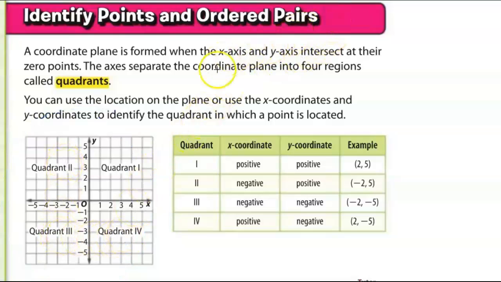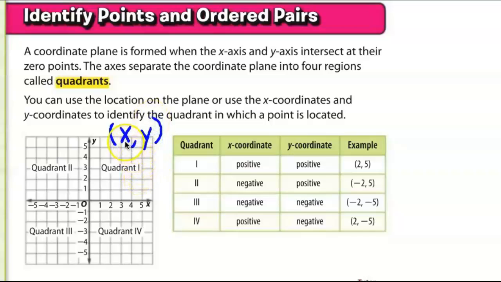Now, quadrant 1 are only positives, and we already have learned that in an ordered pair, we always write the x value first, then the y value.